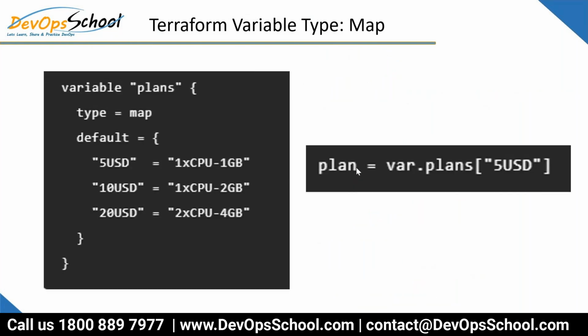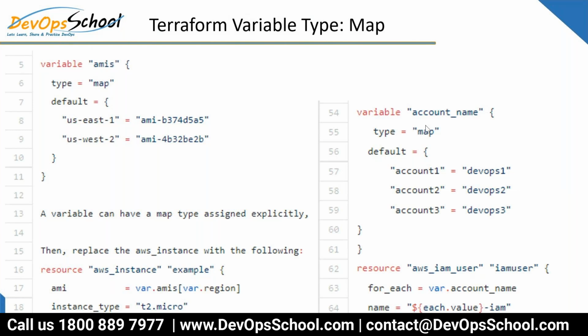This is the map. In a map you have key, value, key, value, key, value. So if you use the value, this will be printed. Like that, this is a map. Look at this variable map: count 1, count 2, count 3. Depends on that.